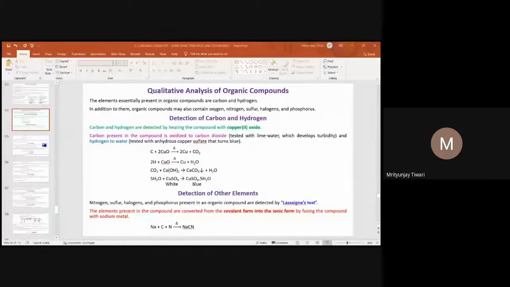And we have already studied qualitative analysis in our last class. Particularly, if we take a small amount of organic compound and heat it with copper oxide, the carbon present in the organic compound is converted to CO2 and the hydrogen is converted to H2O.